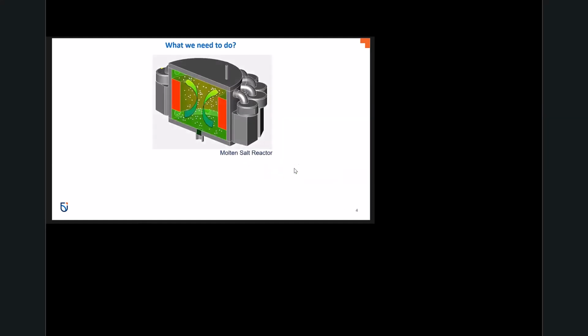As I was saying, this is a very simplified model of a molten salt reactor. Imagine that I have a liquid that is flowing, and the liquid is generating heat because we are having fission inside of it. At the same time, this liquid is not something as simple as water.